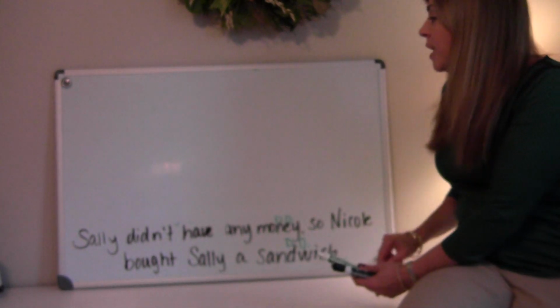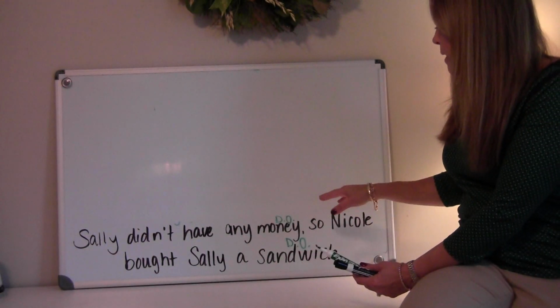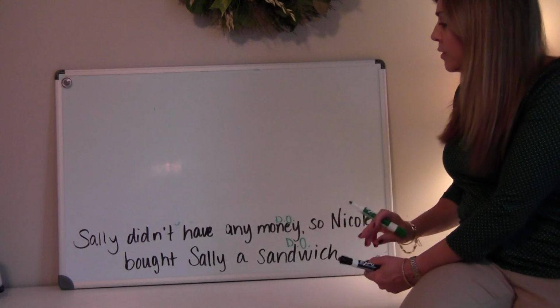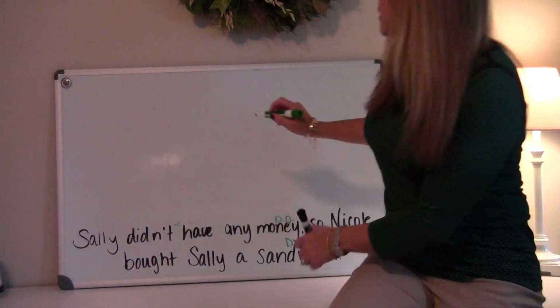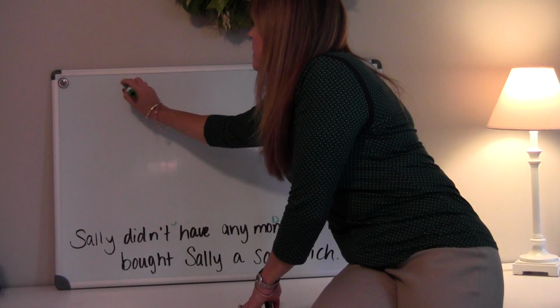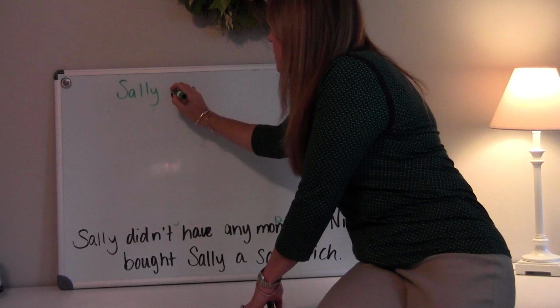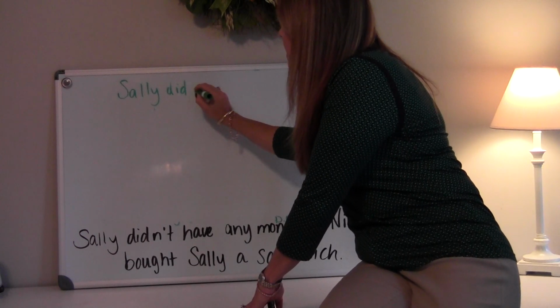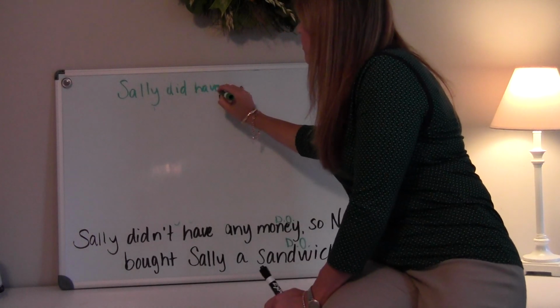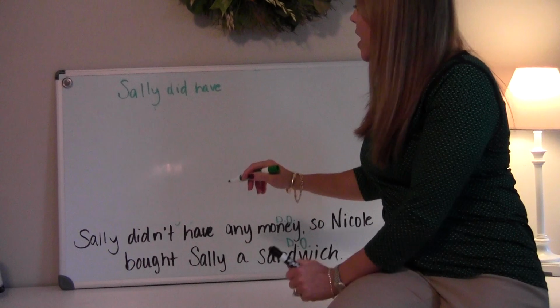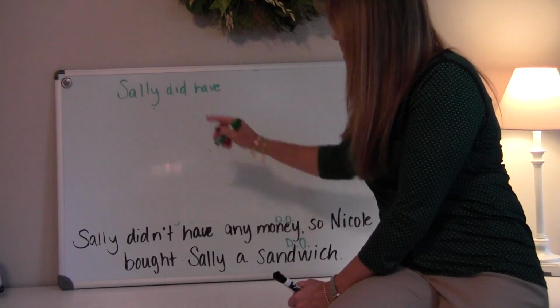I've got Sally didn't have any money. So let's look at the first independent clause. Sally did have, because that's my verb, remember that n't or not is an adverb.